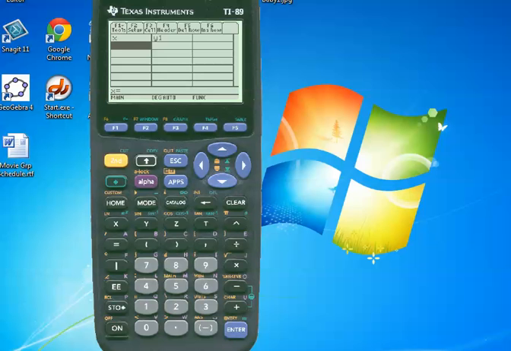And now I can type in. This is why it's called an ask table. It's asking me what x coordinates I was interested in. So now I want to do those values that I had typed in. I'm going to start with 1.99, and it doesn't show up until we hit the enter key. So it's in the entry line, and there it gives me the y coordinate. And this is a little frustrating, to remember to hit the down arrow.